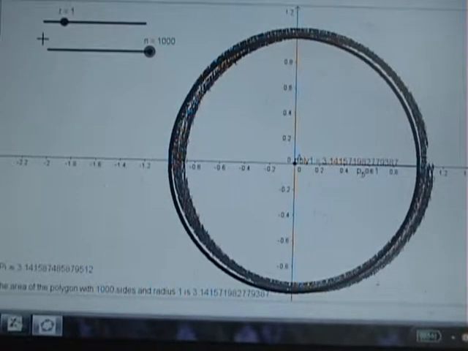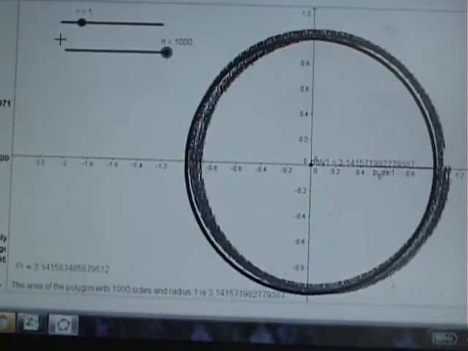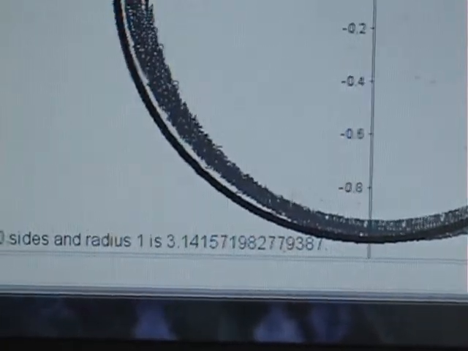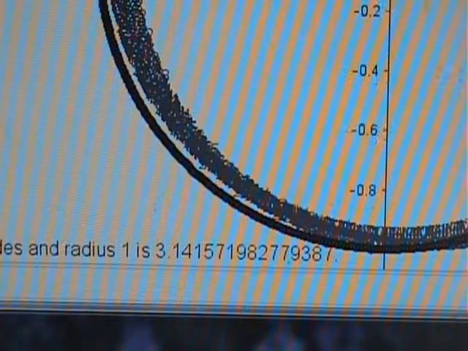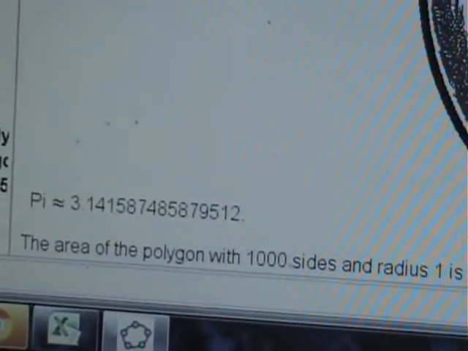I have a 1,000-sided polygon inscribed inside of that circle. Our value that we came up with, not using circumference but using perimeter and radius, is 3.14157. So it's getting closer to our estimated value of pi that we had over here.